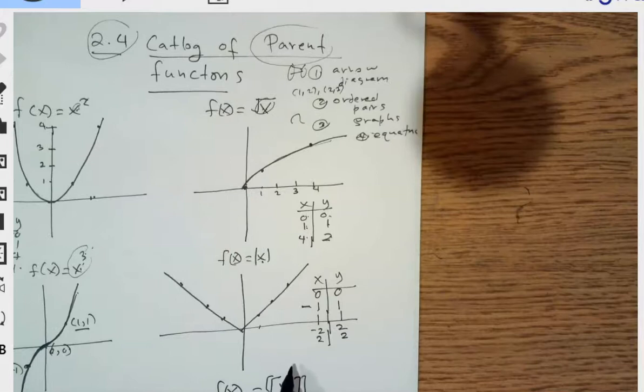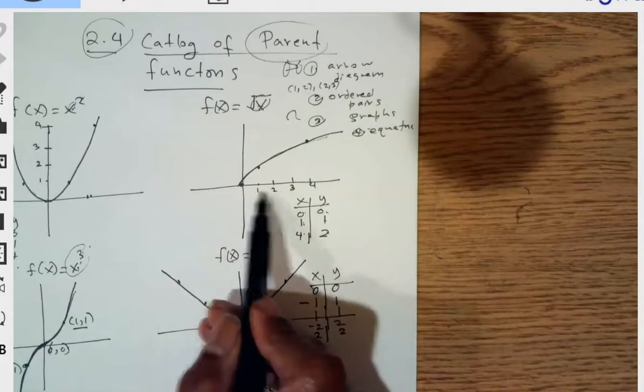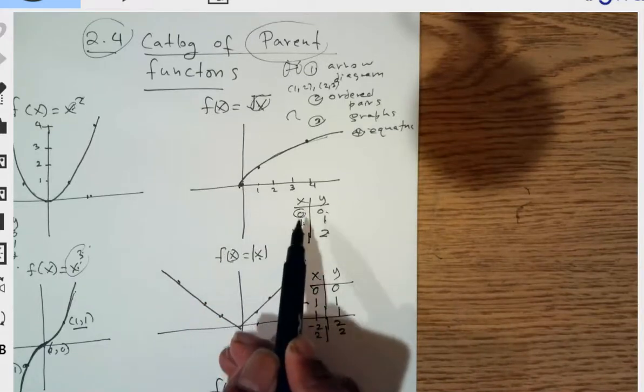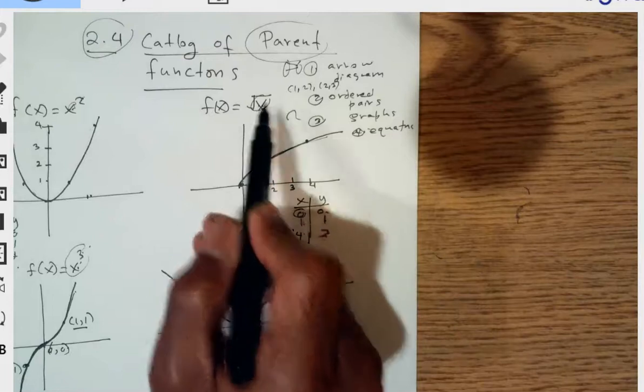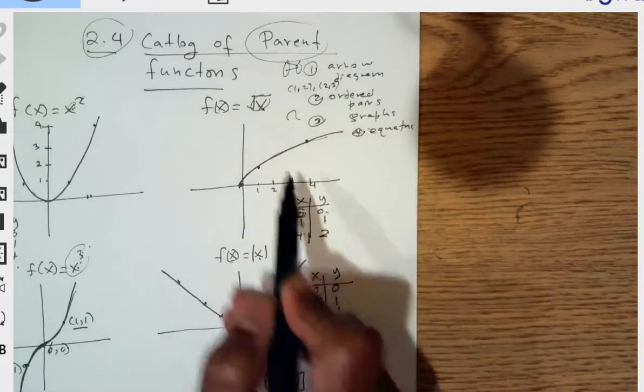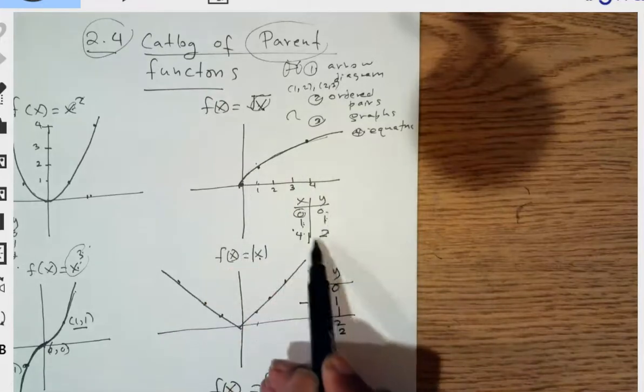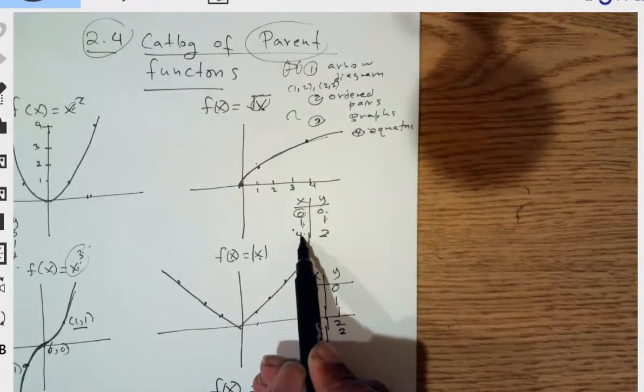Okay, and then what we are going to do is to pick some numbers. So we can start with 0. If you put 0, then you get the square root of 0, which is 0. And if you put 1, you get the square root of 1, which is 1. So 1 goes to 1. And then we go to 4. Why did we go to 4 and not 2 and 3?